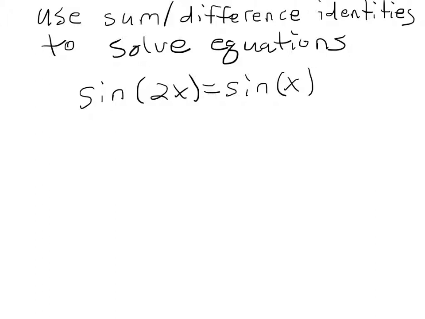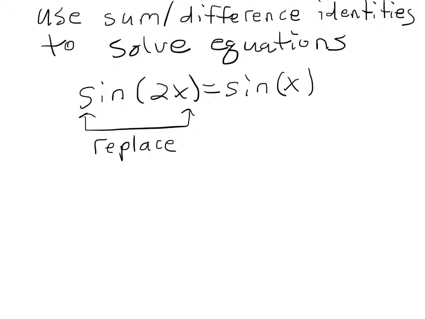So the only thing that I can do is use an identity to replace the sine of 2x. I can do this one of 2 ways. I can use the double angle identity for the sine of 2x, or the sine of 2 theta, which is on my formula sheet.